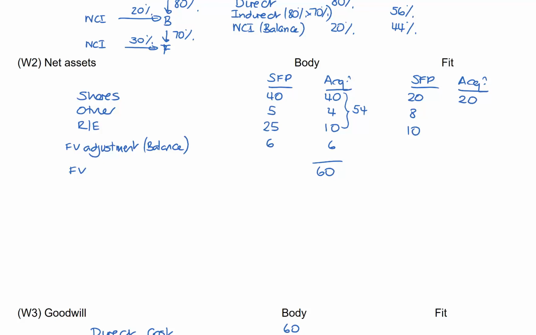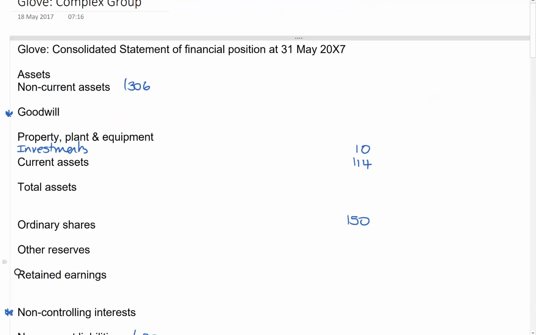It says the excess of the fair values is due to an increase in the value of land. Well, land is PPE. So I'm going to go up to my non-current assets. And that's my 6 million PPE adjustment, my fair value adjustment. I've increased assets, I've increased equity, my accounts still balance.